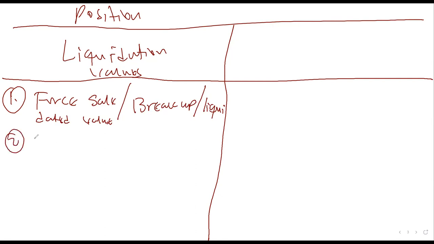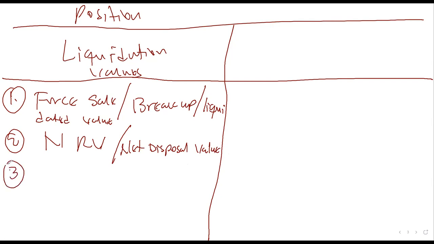If this is not there, you pick what you call NRV, net realizable value, or net disposal value. If you still don't have this, you proceed to pick the recoverable amount.